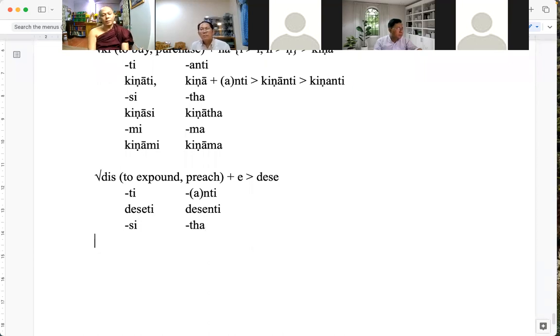And then second person singular Si. They say Desesi, you singular expound or you singular preach. And then they say Ta. You plural expound or you plural preach the Dhamma like that.